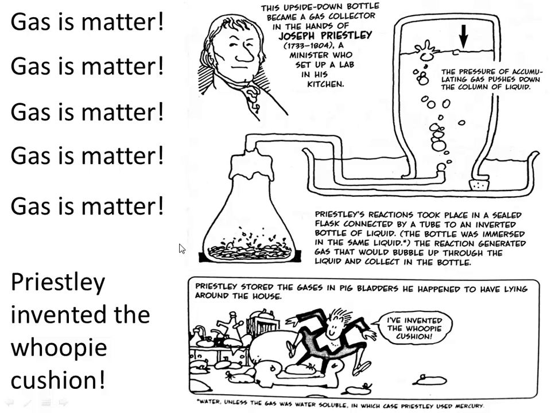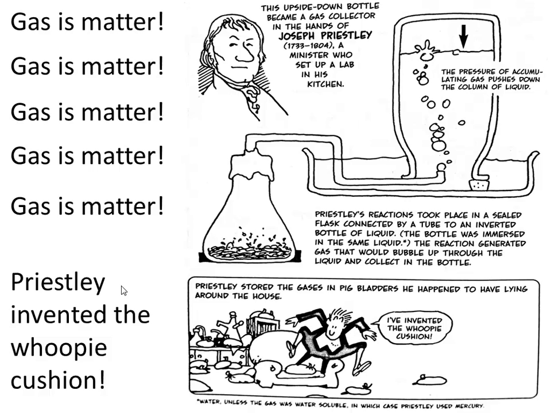He was indirectly credited with inventing the whoopee cushion. Way back when, scientists didn't have the Flinn catalog, so they couldn't just say, hey, Flinn, I need a gas storage device. Can you send me two gas storage tubes? Thank you very much. They can't do that.